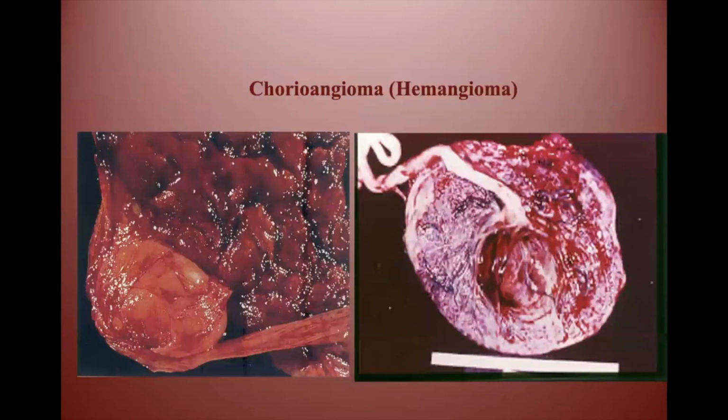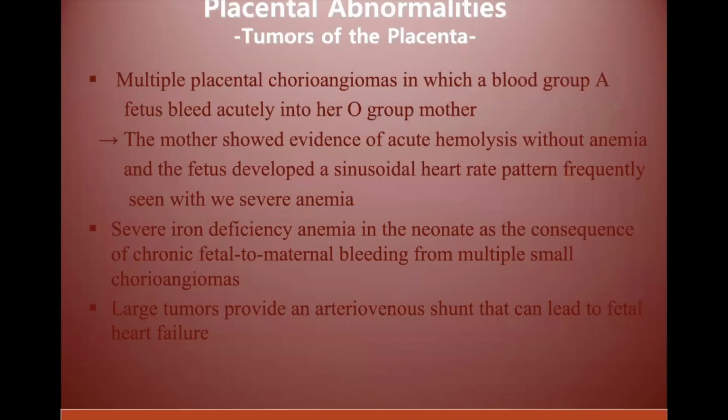And also we have chorioangiomas or hemangioma. Here, multiple placental chorioangiomas in which a blood group A fetus bled acutely into her O group mother. The mother showed evidence of acute hemolysis without anemia, and the fetus developed a sinusoidal heart rate pattern frequently seen with severe anemia.